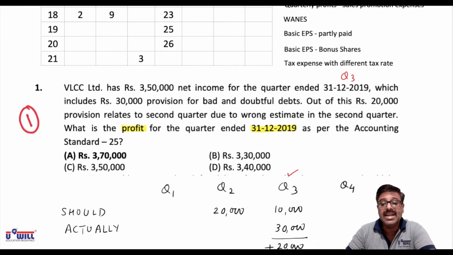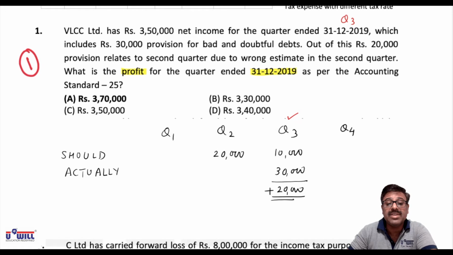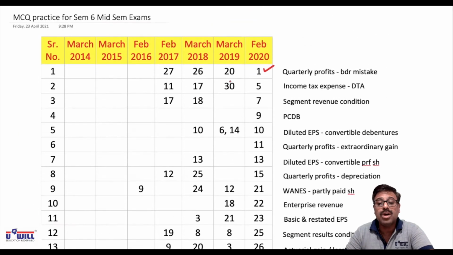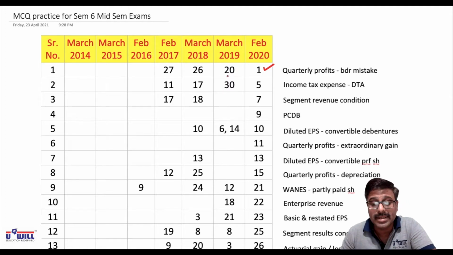So what will be the profits? 3,50,000 plus 20,000, 3,70,000. Option A. So now you can try these three questions on your own: 27th question of February 2017, 26th of March 2018 and 20 of March 2019.